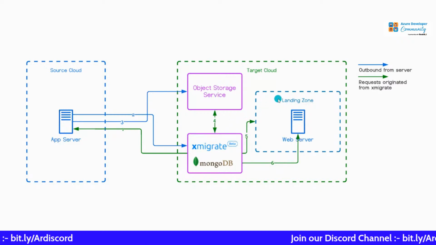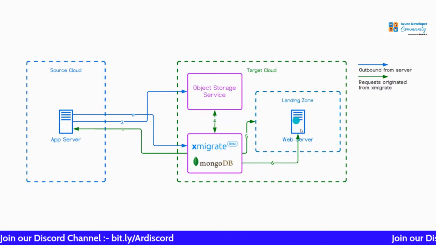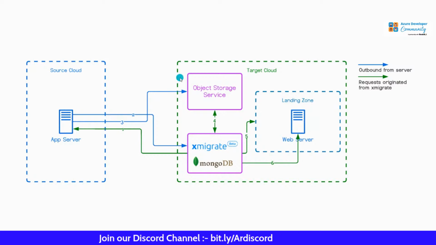CrossMigrate will be creating the landing zone, which is nothing but the networking resources for the target cloud, and then the web server which gets migrated from the source cloud to the target cloud.